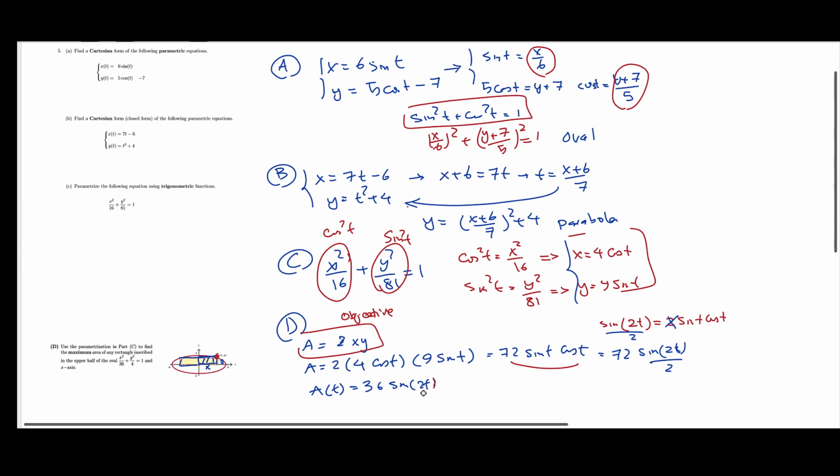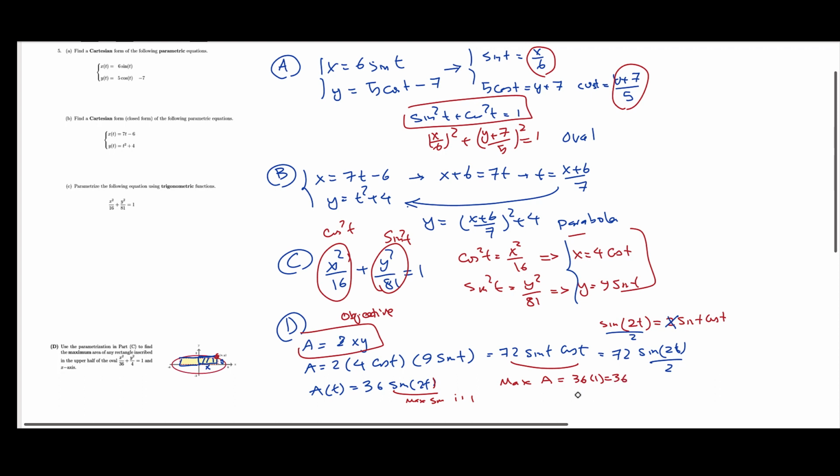Here, sine of 2t has a maximum at 1, and they're not 2 functions, so you don't have to worry about what value of t. And so the maximum of sine is 1. Therefore, max A is equal to 36 times 1, which is 36.